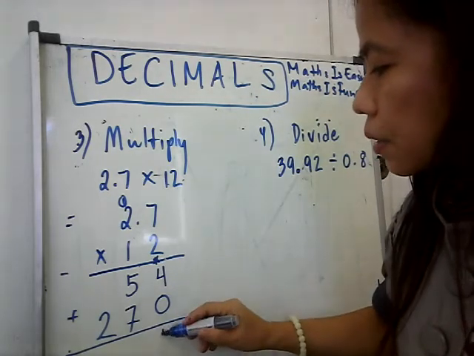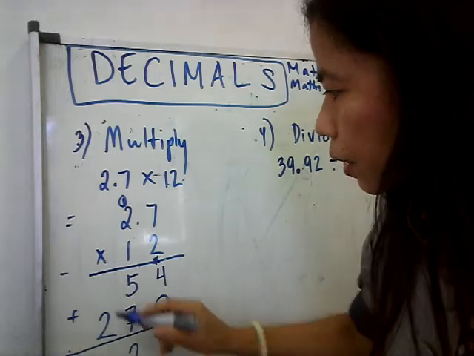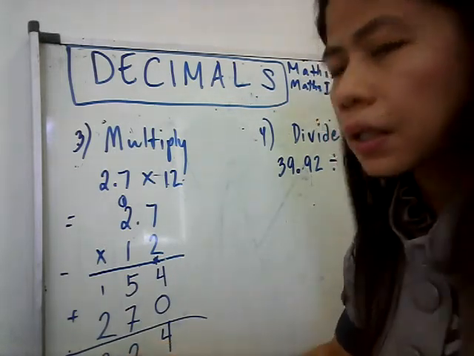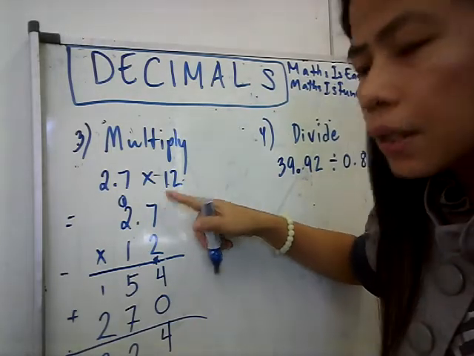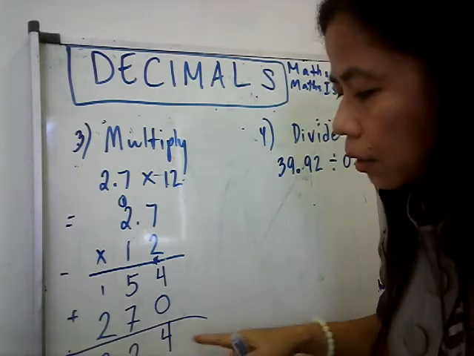Then we are going to add together our answers. So 4 plus 0 is 4. 5 plus 7 is 12, carry 1. Then 2 plus 1 is 3. We get 324. But since we have 1 decimal place here, we need to count from the right 1 decimal place going to the front.